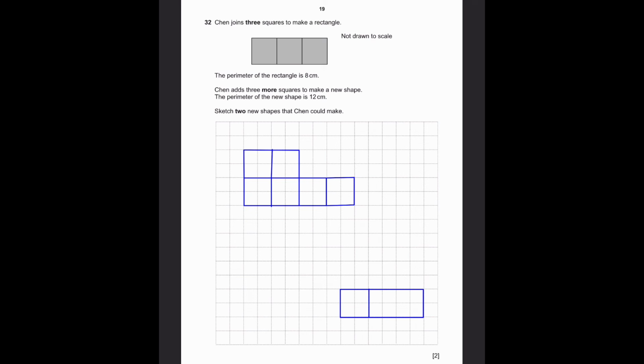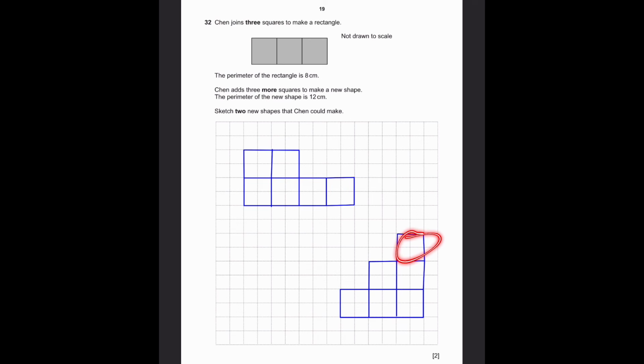And once you've done that, draw another 2 squares on top, just like we did last time. And after that, we just put 1 more square on top of this. Now that will make 1, 2, 3, 4, 5, 6, 7, 8, 9, 10, 11, 12 units or 12 centimeters in perimeter. So that'll be our answer.